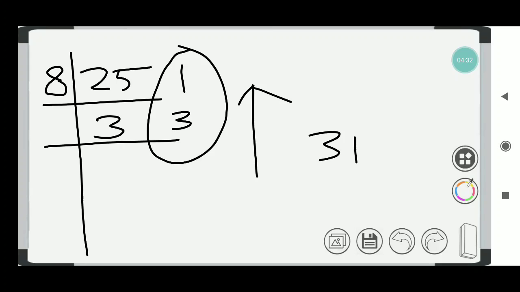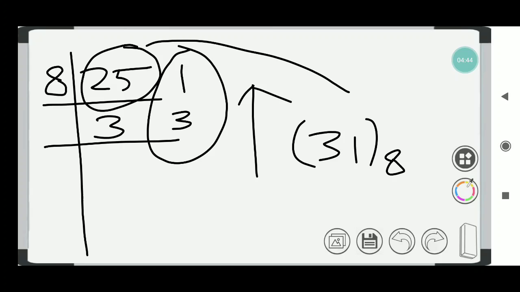So the number that comes here is 31 and the base is 8 here. So this 25 of decimal number system is converted into octal number system and here it is 31. Okay, so 25 is written as 31 in octal number system.